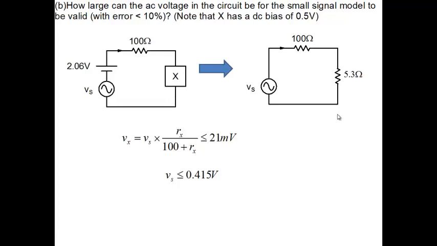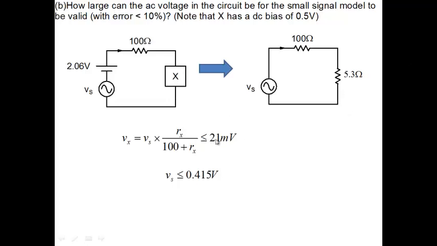So please keep in mind what we are calling a small signal: the voltage across the nonlinear element has to be small enough for me to approximate it as a linear element. I'm not talking about the rest of the voltages and currents in the circuit. They may be large. I don't care. The only thing I have to do is keep the voltage across this element small. That's all.